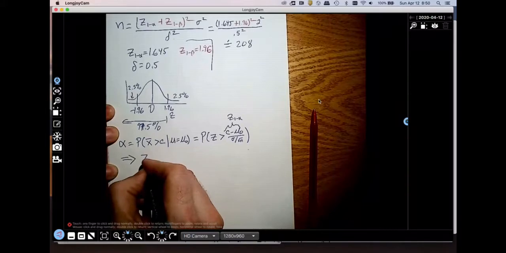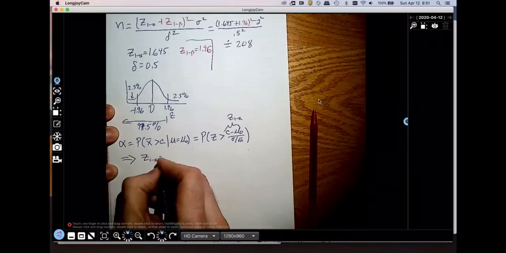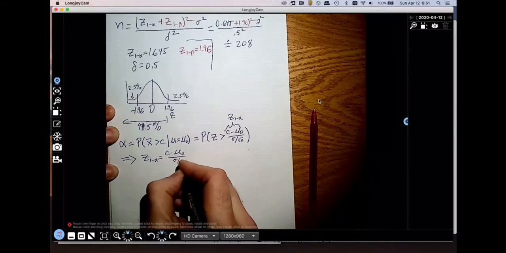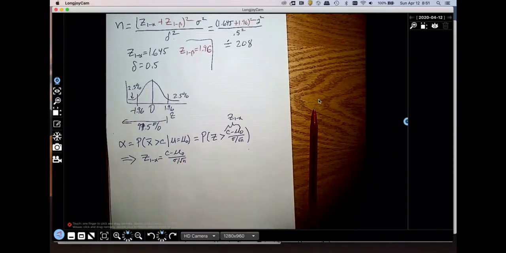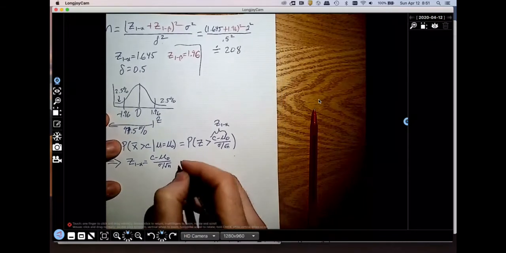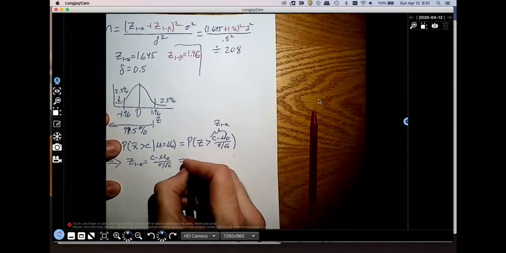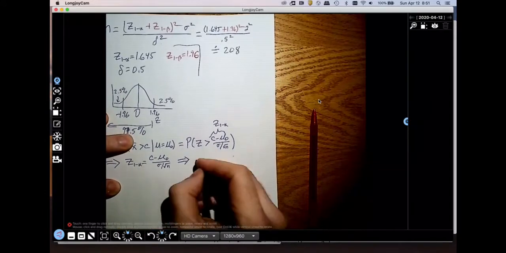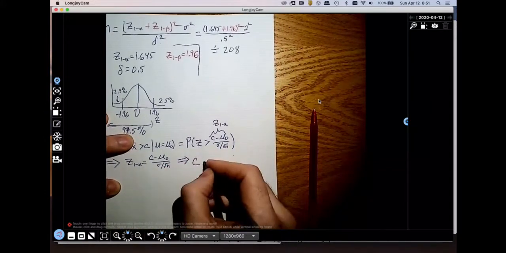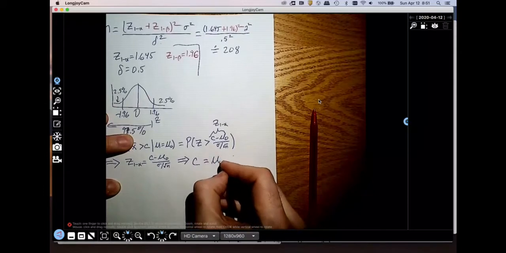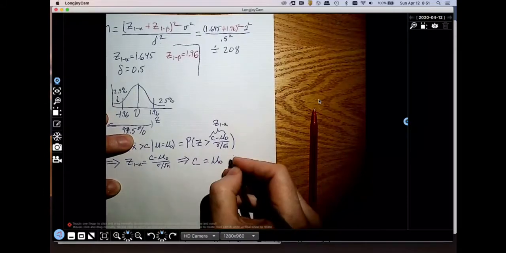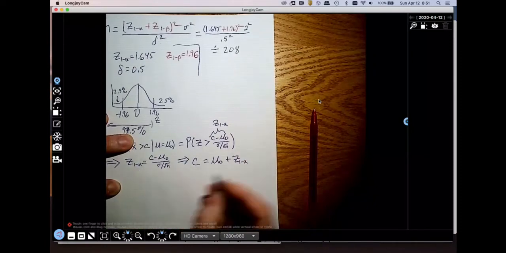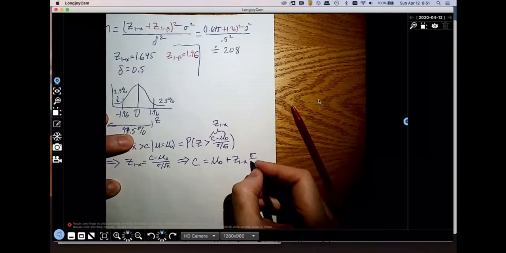So z 1 minus alpha has to equal c minus mu naught divided by sigma over root n. So that looks very much like what we had before. I'm going to now go solve this. So this implies, if I multiply both sides and then move the mu naught over, c is just mu naught plus z 1 minus alpha times sigma over the square root of n.